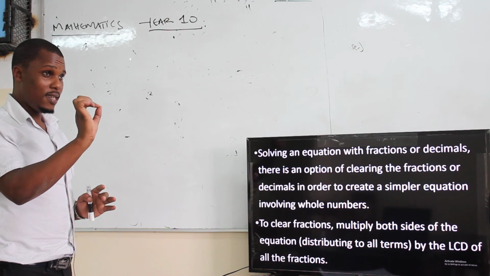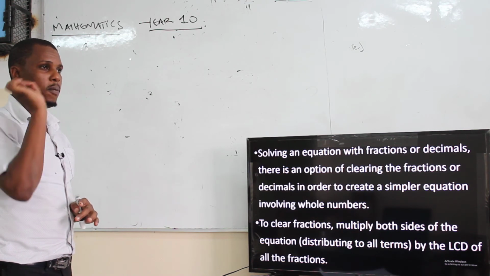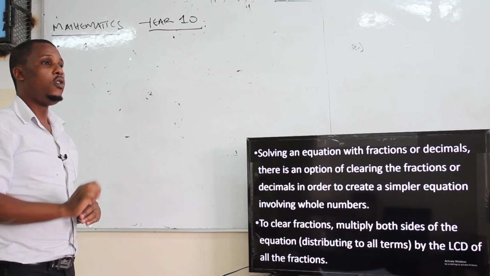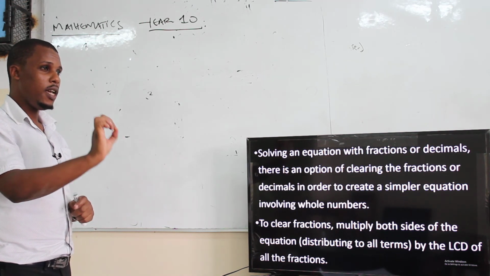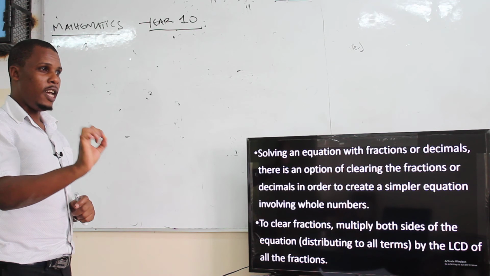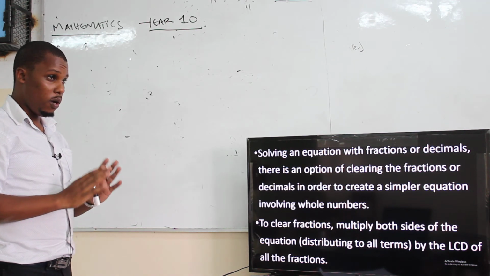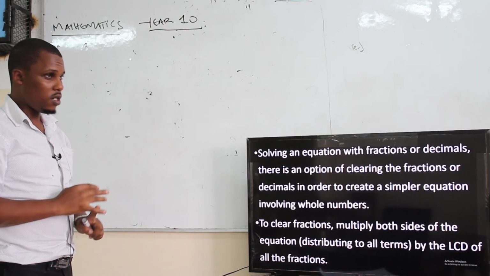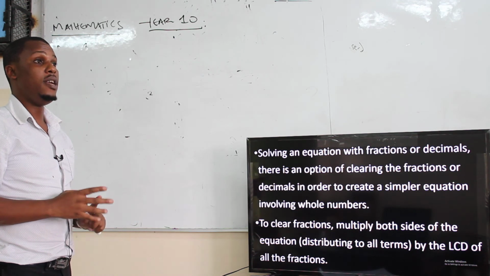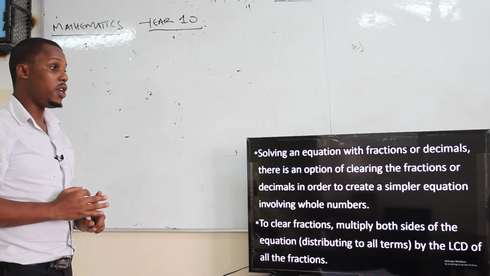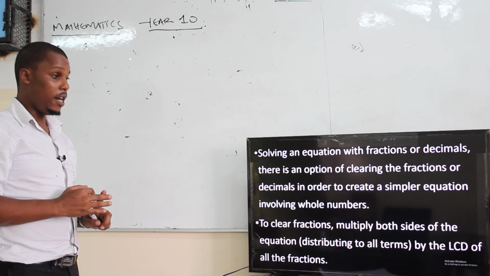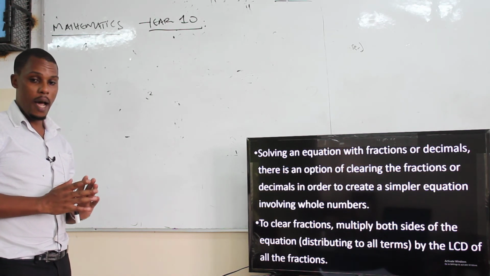Once you meet an equation containing decimals or fractions, step number 1 is to eliminate both the fraction and decimal part to obtain whole numbers, then you can proceed.